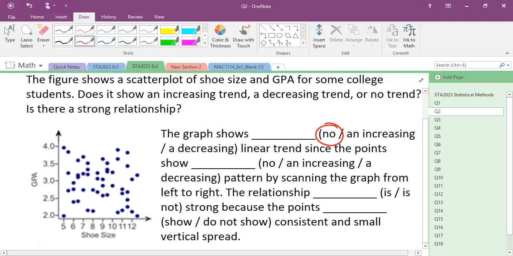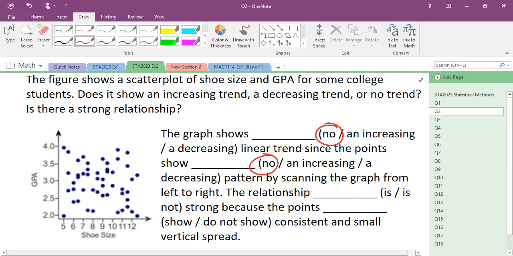Okay? And then it says, so the graph shows no linear trend since the points show blank. Are they no, increasing, or decreasing pattern? Yeah, no, right? If you have no trend, then there should be no pattern. So there is no pattern by scanning the graph from left to right.